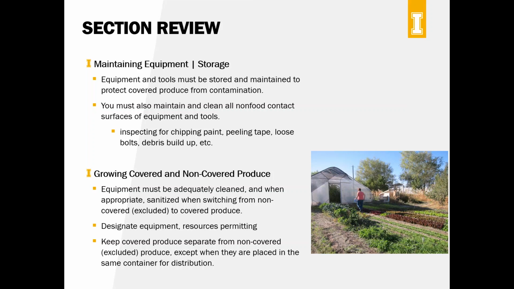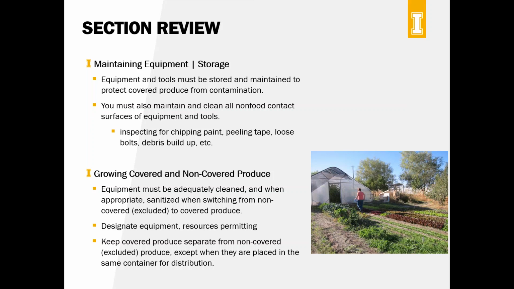Another big thing that comes up in on-farm readiness review is that a lot of farms grow produce that is covered by the produce safety rule, meaning a raw commodity, and others that are not. Because of that, in transportation or with different equipment, they might go in between the two different types of commodities.